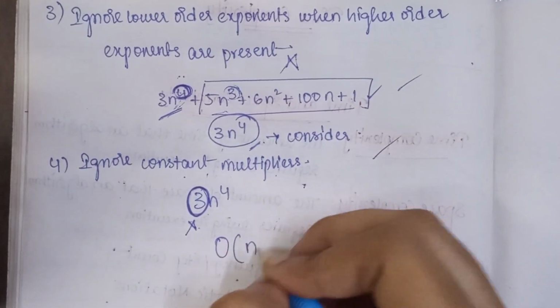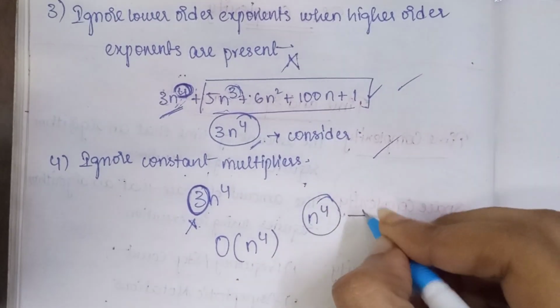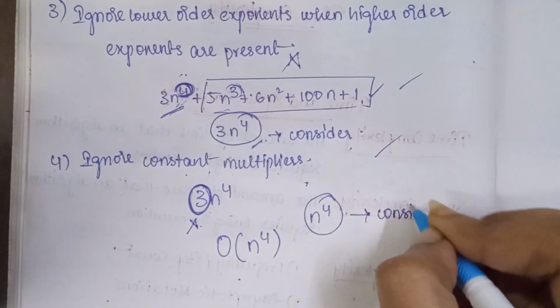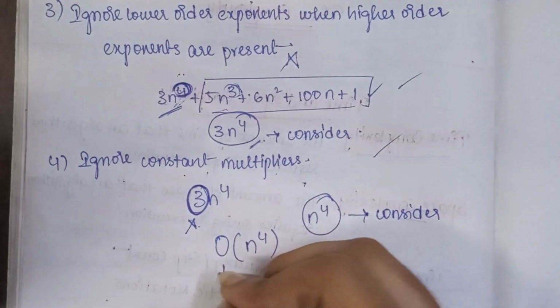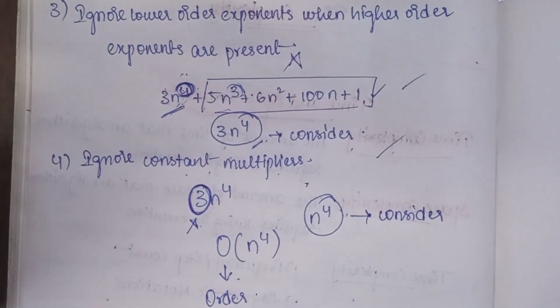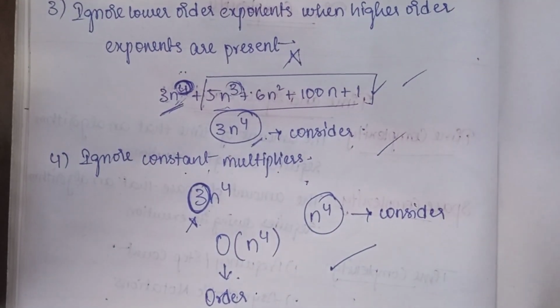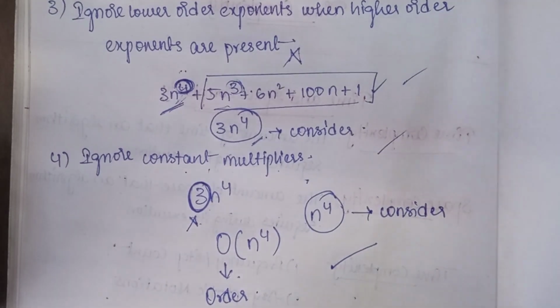It will be order of n power 4, which means I need to consider only n power 4. Here O is nothing but order. So this is how you need to follow the rules while calculating the time complexity of your algorithms.